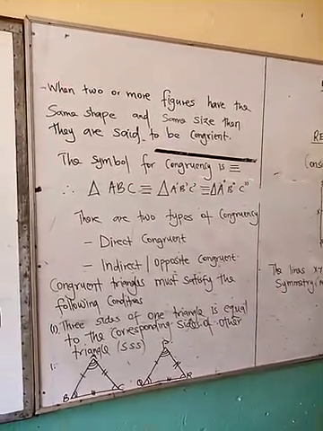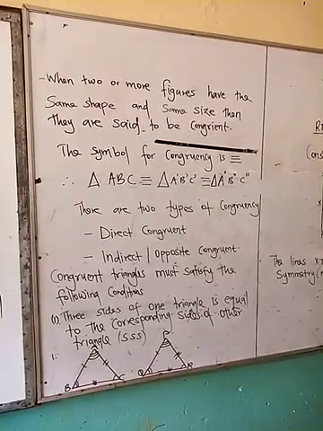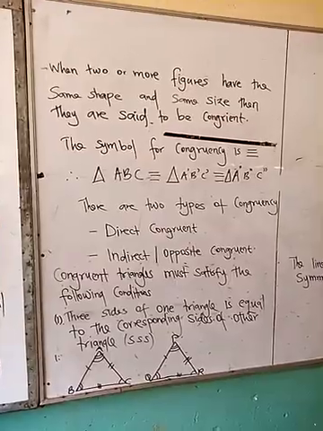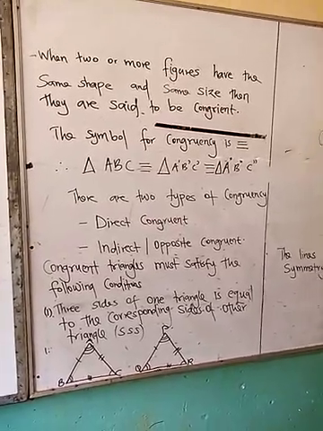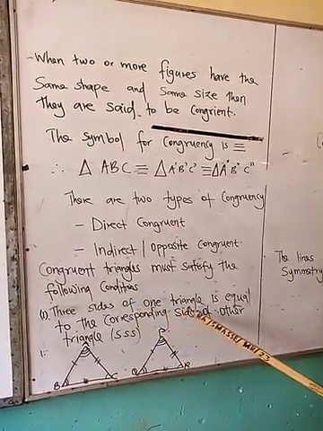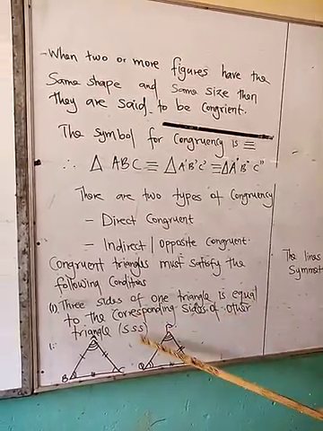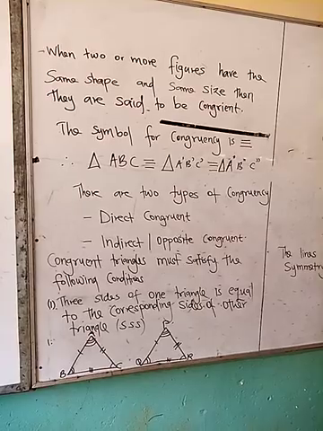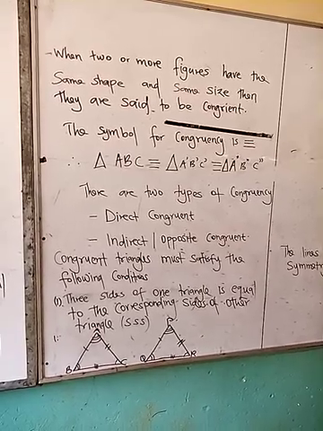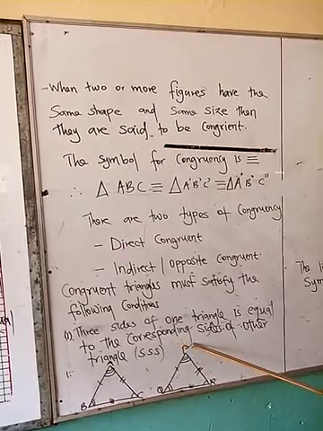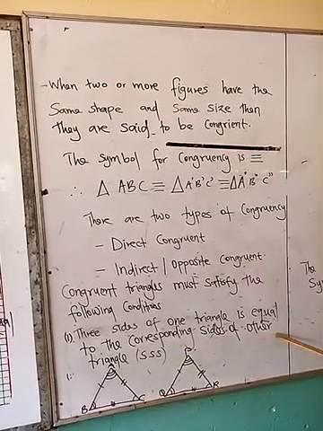Congruent triangles must satisfy the following conditions. One: the three sides of one of the triangles are equal to the corresponding sides of the other triangle.